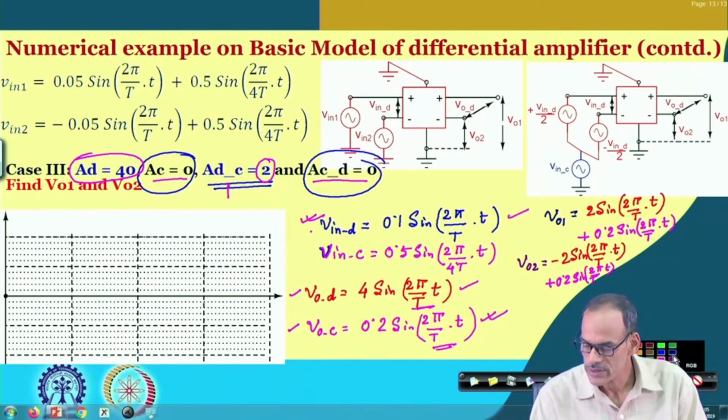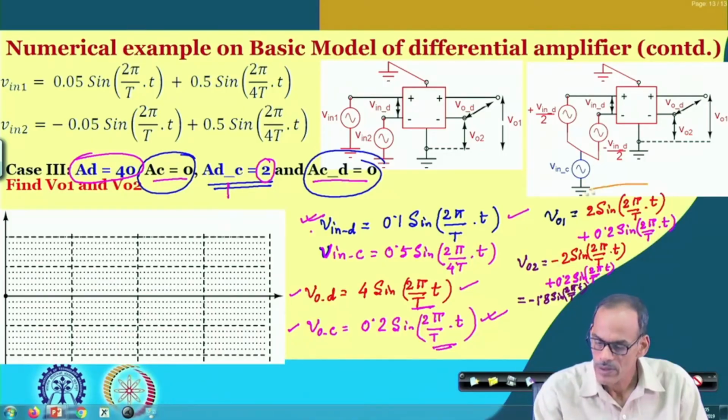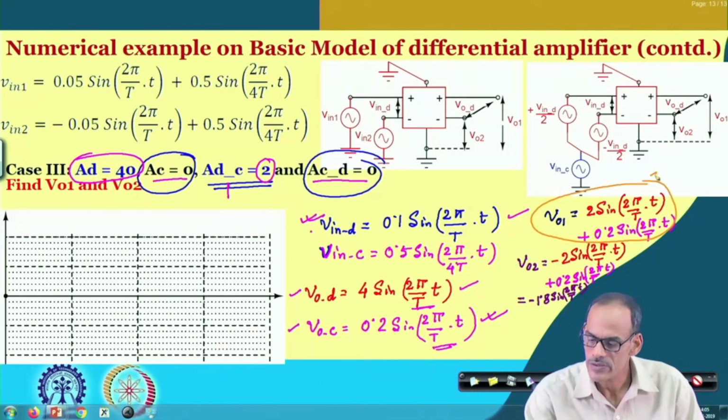In fact, since the signals are the same and the frequency is the same, you can simply say that this is minus 1.8 sin 2 pi by T into small t, and the other one, VO1, equals 2.2 sin 2 pi by capital T into small t.